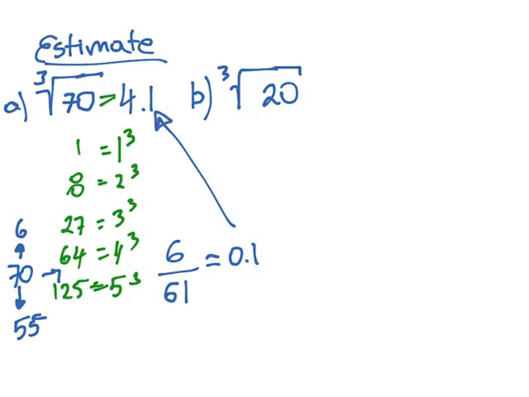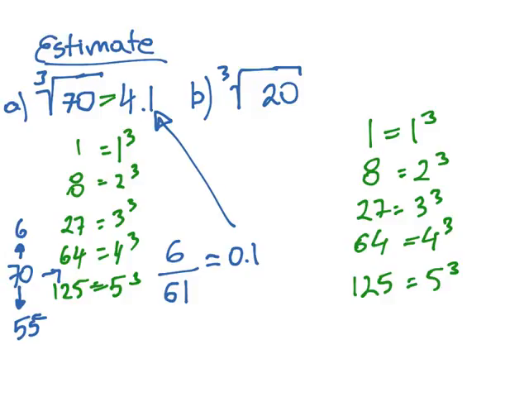Now, what about cube root of 20. Let's write down all our cube roots. And the 20 lies somewhere between 8 and 27. It is 12 away from 8 and 7 away from 27. So our answer will be 2, because we're always choosing the lowest root, and it's going to have a decimal point. What's that decimal point?